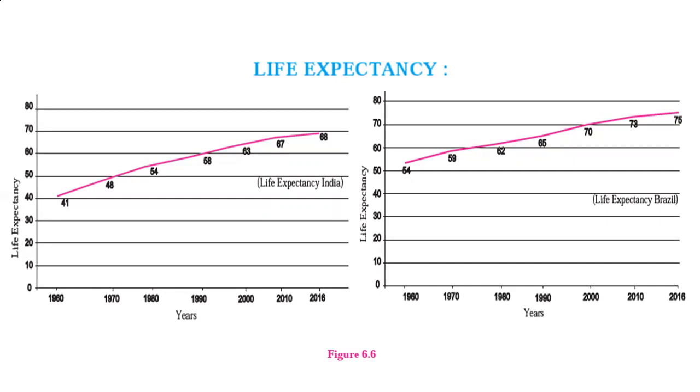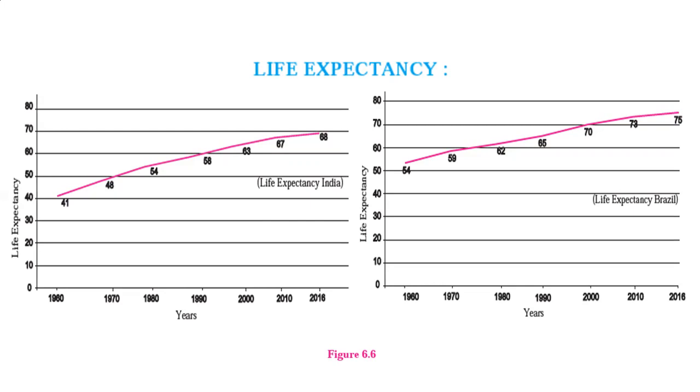In 1960, the average number of years most people in Brazil lived was 54 years. But in 2016, this has increased to 75 years. In India, the average lifespan of Indians was 41 years in 1960.